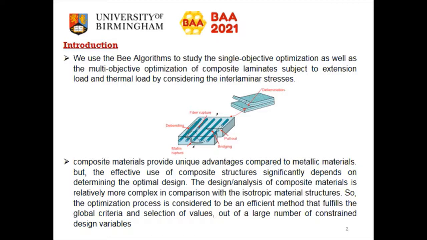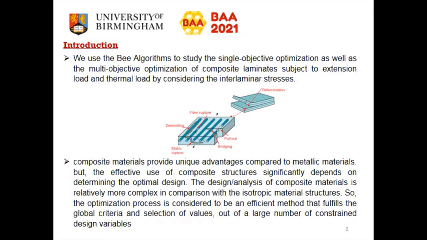Fiber-reinforced composite material structures have been increasingly used due to their unique properties compared to other materials, such as high strength and stiffness to weight ratios, ability to withstand fatigue and corrosion, ease of manufacturing, lightweight, and cost effectiveness. But the effective use of composite structures significantly depends on determining the optimal design.